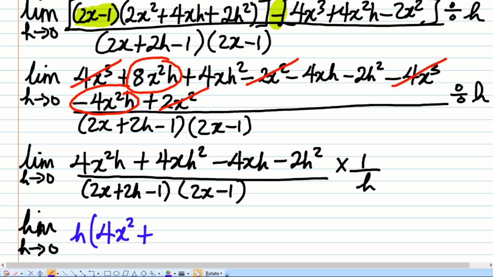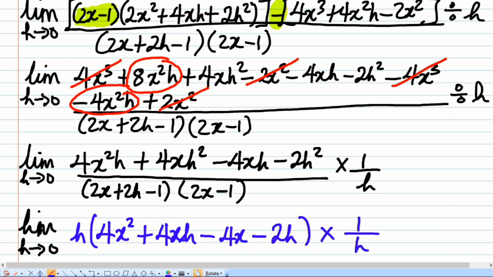Plus divide 4xh squared by h, you're going to have 4xh. One of the h is going to cancel. Divide 4xh by h, you're going to have 4x. Divide 2h squared by h, you're going to have 2h. Good. We factor this out and then we have times 1 over h.